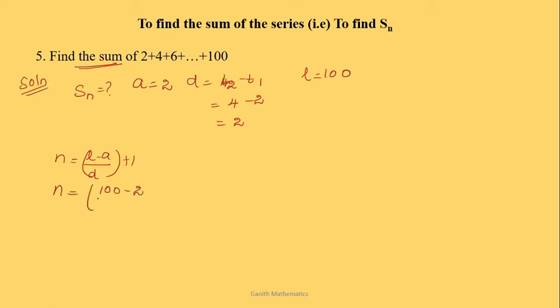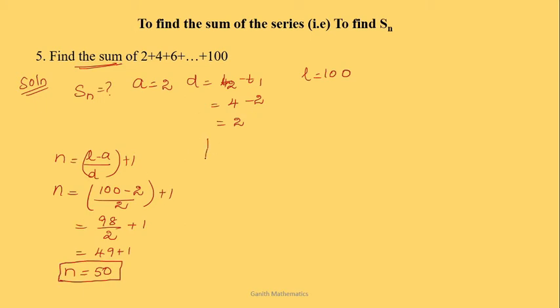Our a is 2 and our d is 2, plus 1. 100 minus 2 will be 98 divided by 2 plus 1. So this will be 49 plus 1. So n will be 50. So how many terms are there? In the particular series, you have 50 terms.